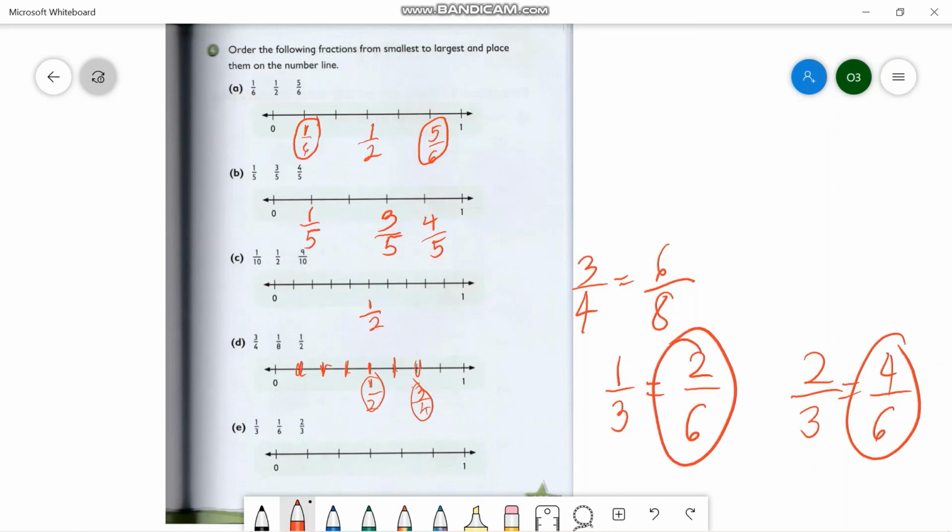Okay, now that we have 6, we can place it now in the number line. So let's start with 1/6. So this is 1/6. What about 2/6? 2/6 is here. 1, 2. So this is 2/6. And then we have here 2/3 is equal to 4/6. 1, 2, 3, 4. So this is 4/6.